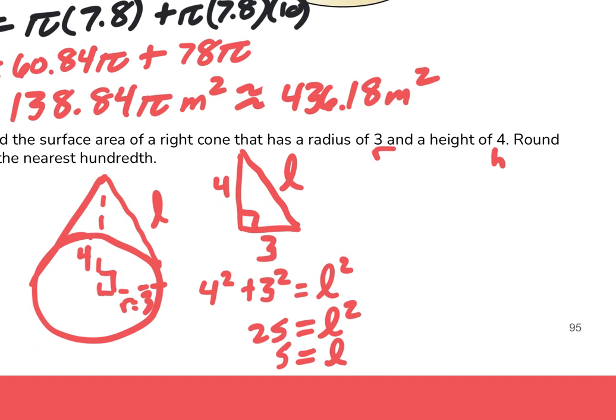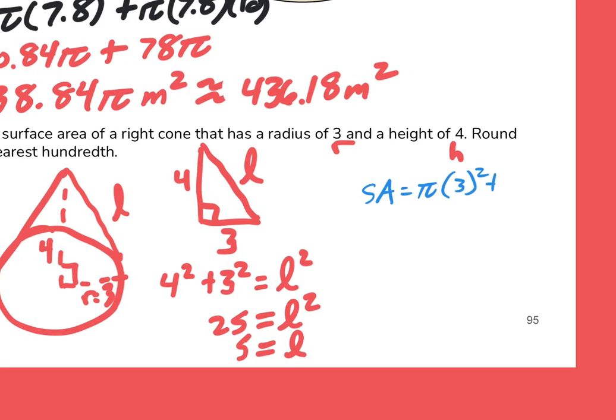Okay, so now we want to find the surface area. So we're going to go pi times 3 squared plus pi times 3 times 5. 3 squared is 9 pi. 5 times 3 is 15 pi.